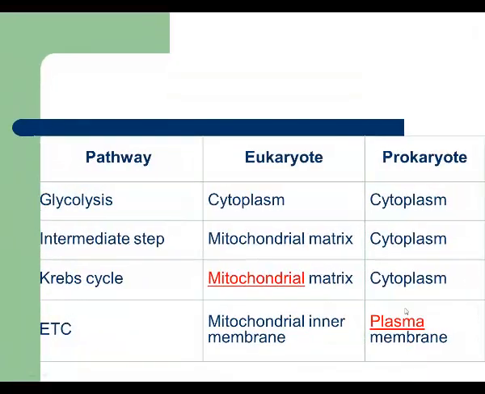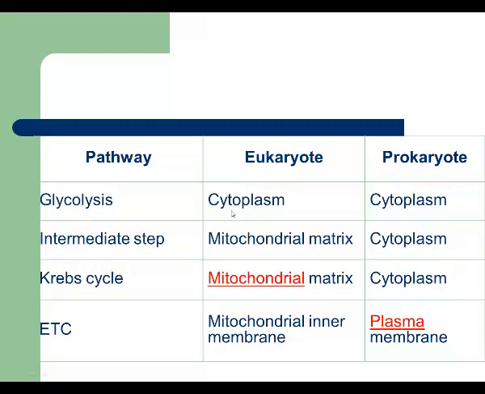The next slide shows you where all catabolic pathways, including chemiosmosis, ETC, the electron transport chain, occur in eukaryotes and prokaryotes. Please, you have to memorize this chart for your coming exam. Let's start with glycolysis, the first catabolic pathway.